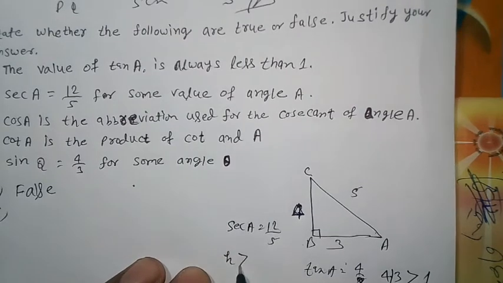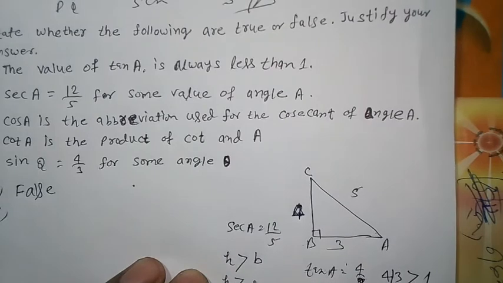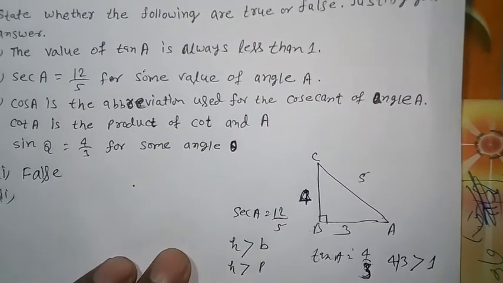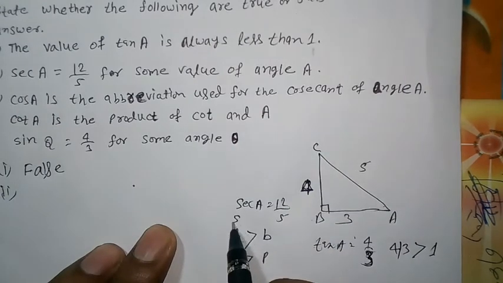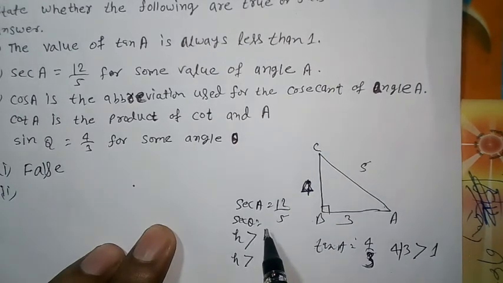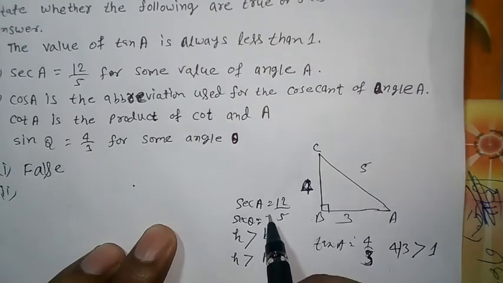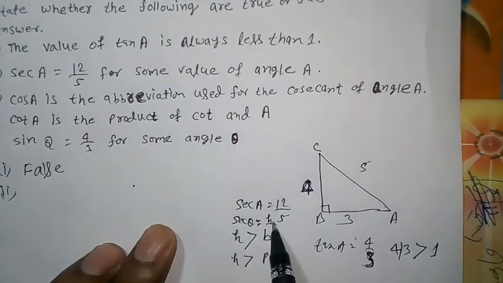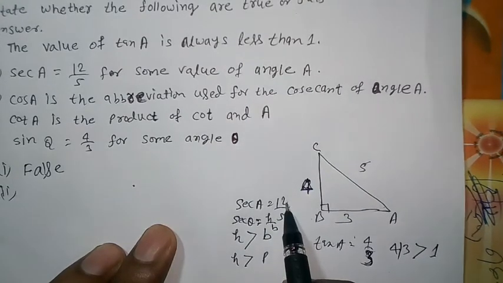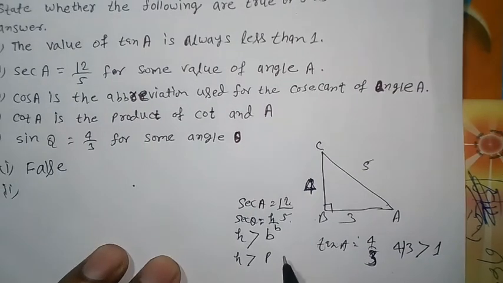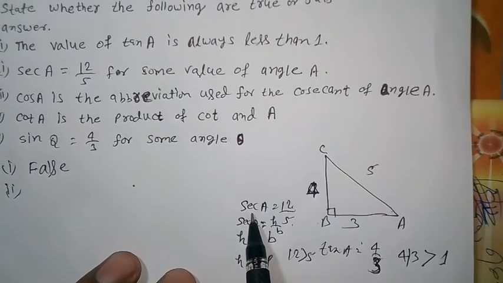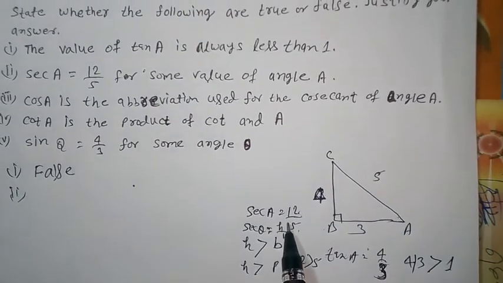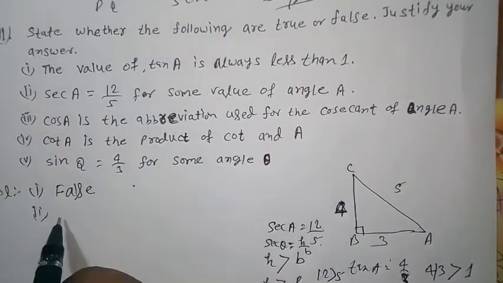Hypotenuse is always greater than base and hypotenuse is always greater than perpendicular. So here hypotenuse is equal to 12 and base is equal to 5. So here 12 is greater than 5. It means that sec A is equal to 12/5, true.